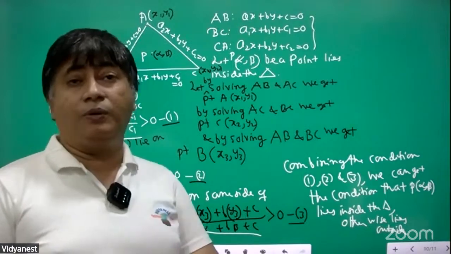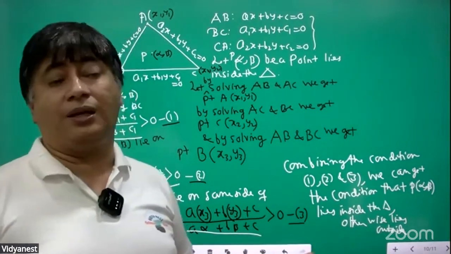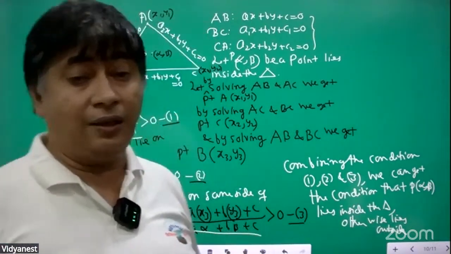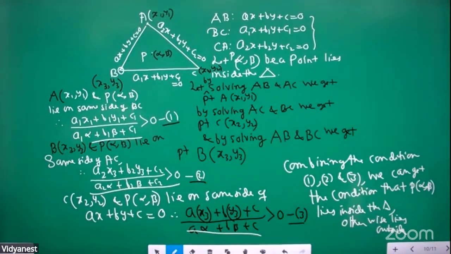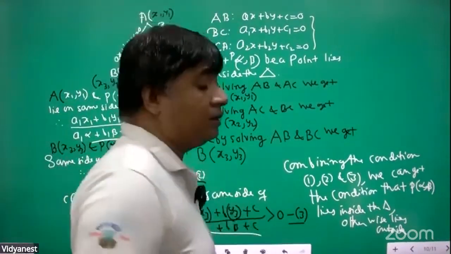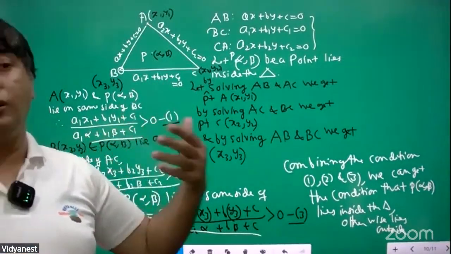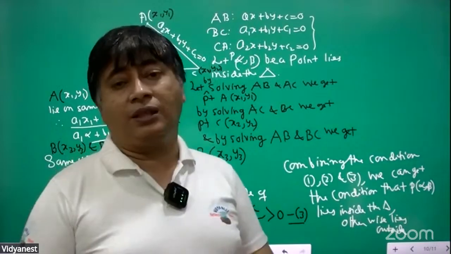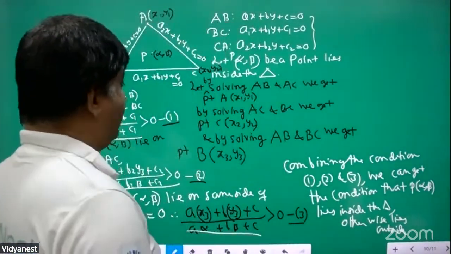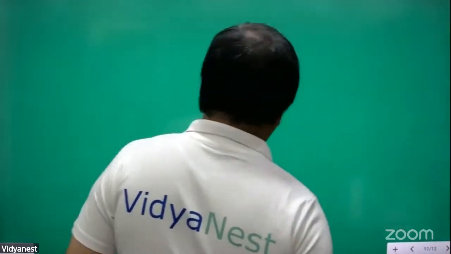Okay, so hope you understood the condition that the point lies inside the triangle or outside the triangle. Now, another thing today we will discuss is to find the image of a point with respect to a line.